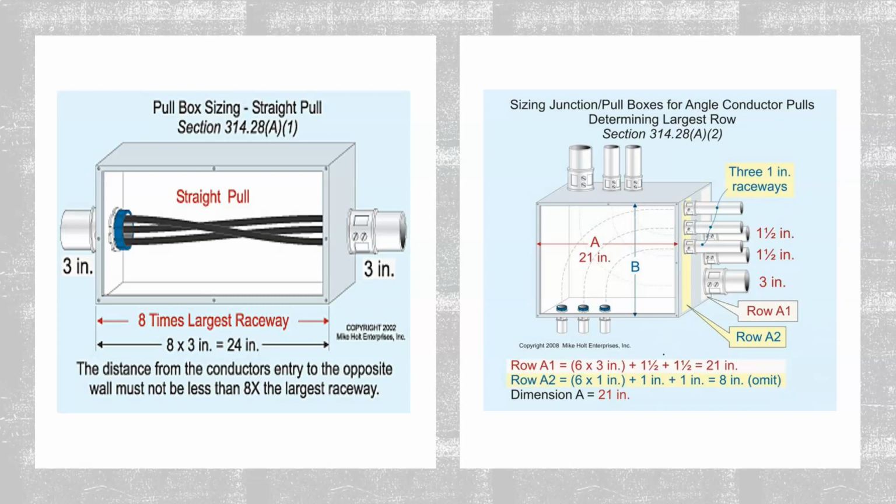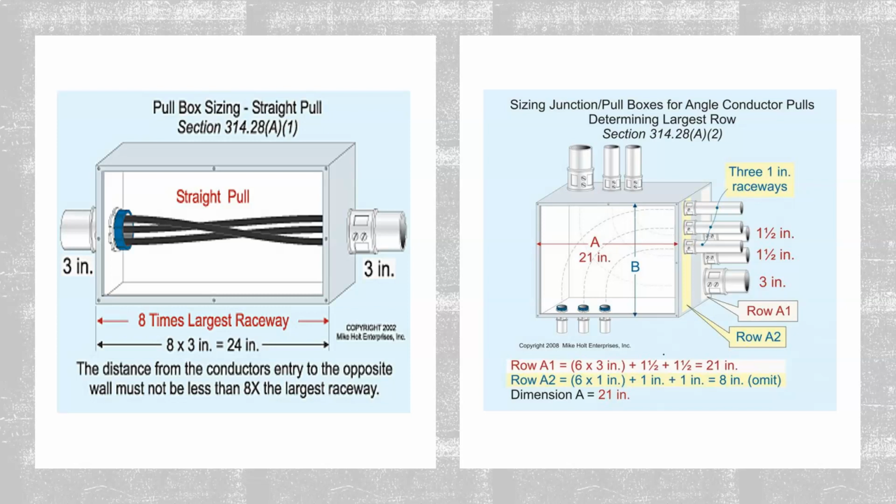For row A2, we have three 1-inch raceways. And then at the bottom here, we can see the math for how we would do this. For row A1, we have 6 times the largest raceway in that row, which is a 3-inch, plus our other raceways, which are 1.5 and 1.5. And this equals a total of 21 inches.